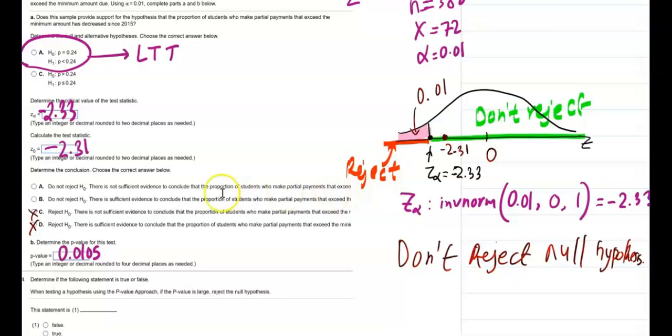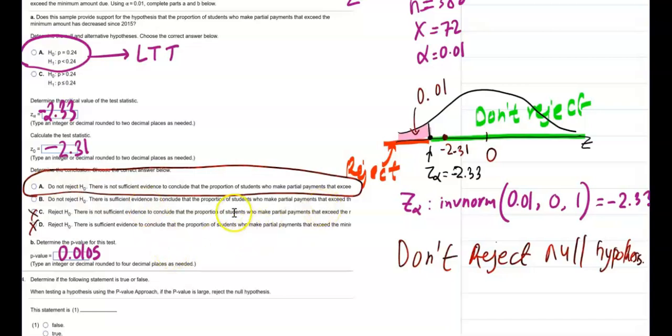But that's the answer. There is not enough evidence to support the alternative hypothesis, which is less than 0.24. The answer is A, because B says there is sufficient evidence. That's not correct. If you do not reject, there is not sufficient evidence. So A must be the right choice.